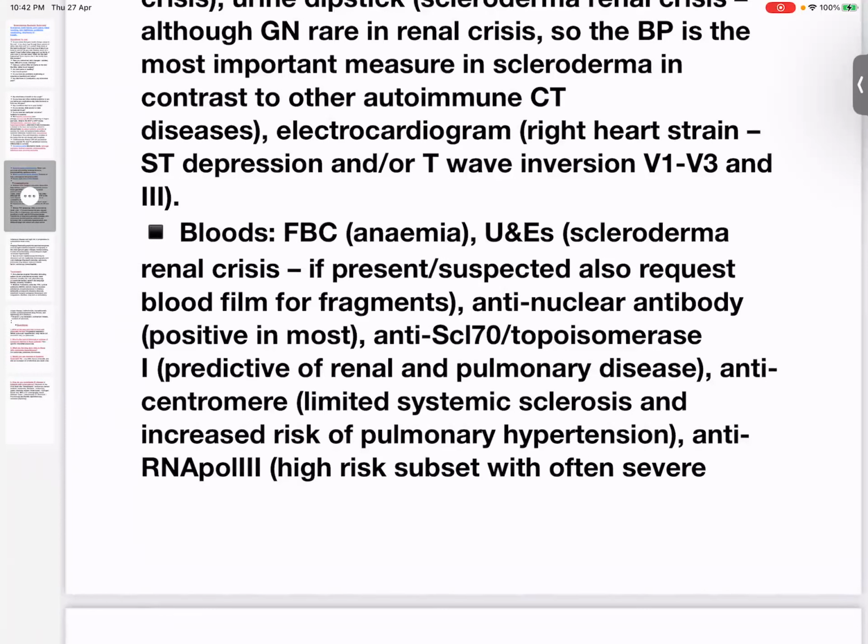SCL is from sclero, so SCL70. What other? You should check for anti-nuclear antibodies, and you should check for the extractable nuclear antibodies. This is the package for scleroderma or systemic sclerosis.